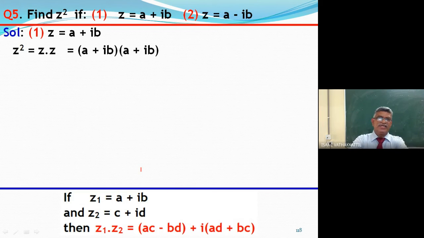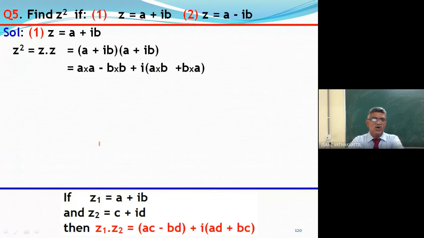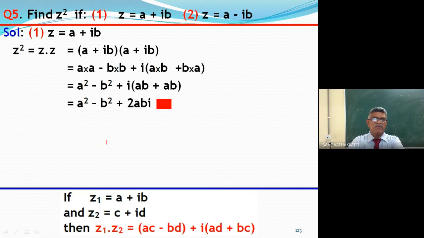AC minus BD will be A squared minus B squared, plus i into (AD plus BC), that is AB plus BA. This is nothing but A squared minus B squared plus AB plus AB, that is 2AB. A squared minus B squared plus 2ABi. This is (A plus iB) the whole squared.